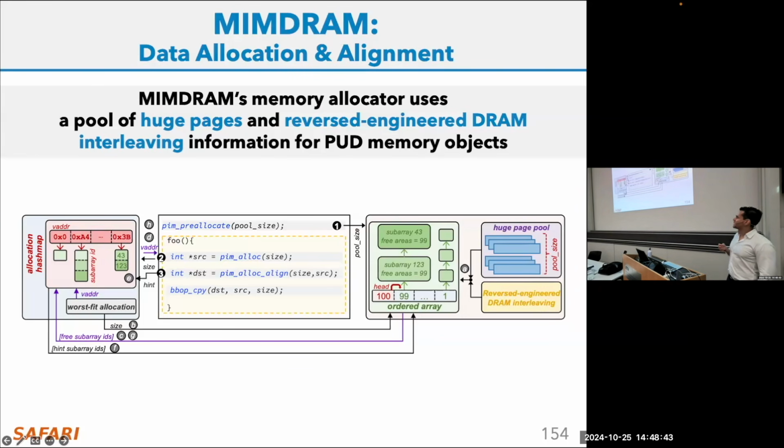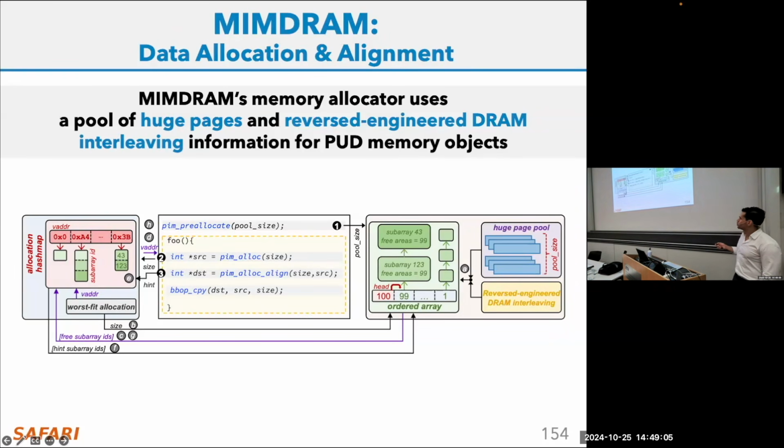So basically, I need to find a way to influence the memory allocator routine so that I can allocate data-dependent operations that are going to execute together inside the same DRAM mat, and operations that are not going to be executed together across different DRAM mats.